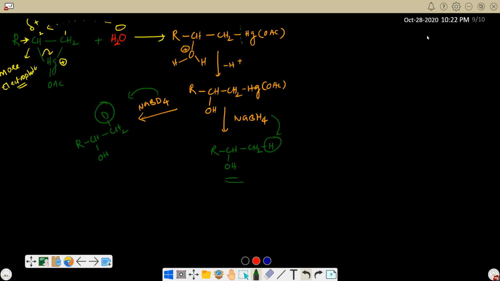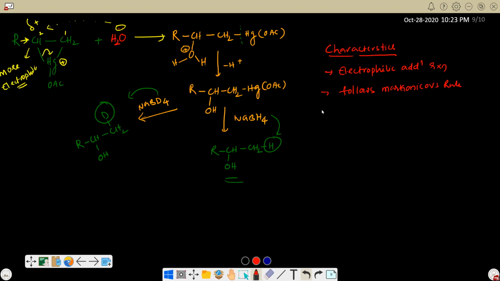So note down, it is nothing but an electrophilic addition reaction, and follows Markovnikov's rule. And no rearrangement, because here there is no carbocation, because the cyclic mercurinium ion does not allow formation of a carbocation.